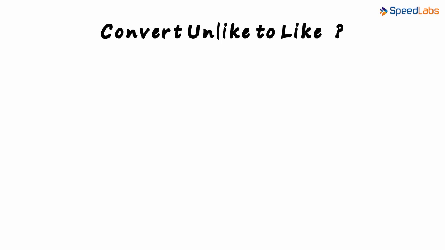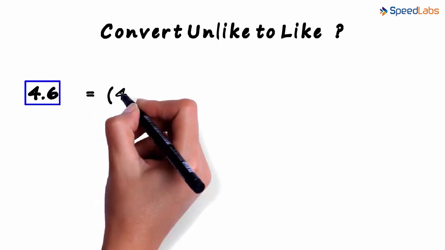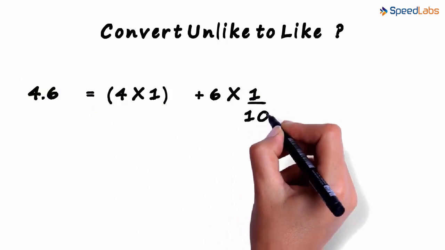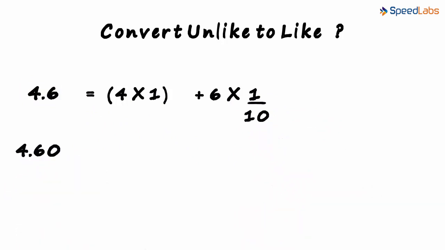To understand that, we need to understand a very simple concept. Look at the number 4.6. 4 is in the ones place and 6 is in the tenths place. So this number can be written as 4 times 1 plus 6 times 1 by 10. Now look at 4.60.